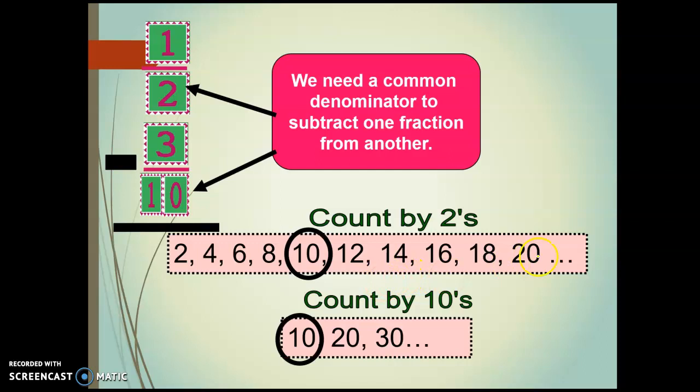Sir, what about 20? Can we use 20? Of course you can use 20, but it will just double your time solving the problem because you are going to simplify. So why not choose the least one, the smallest one? So it's 10. Okay, so our common denominator is 10.